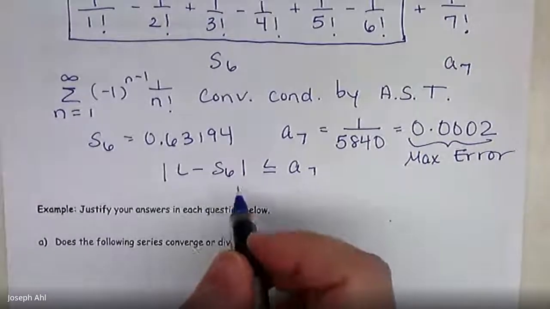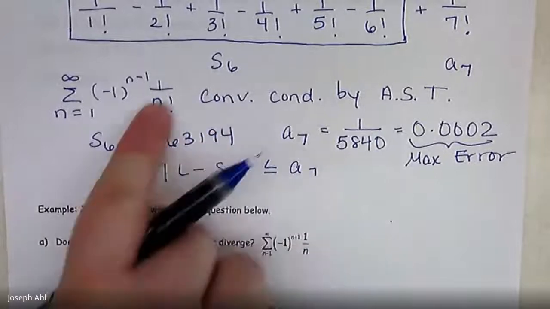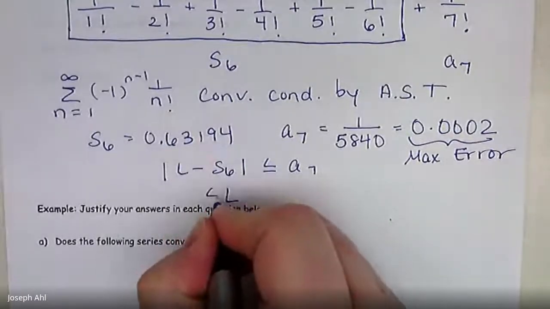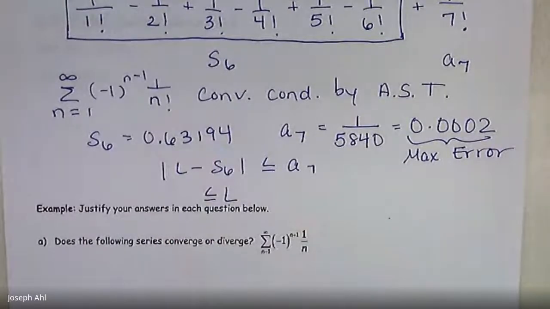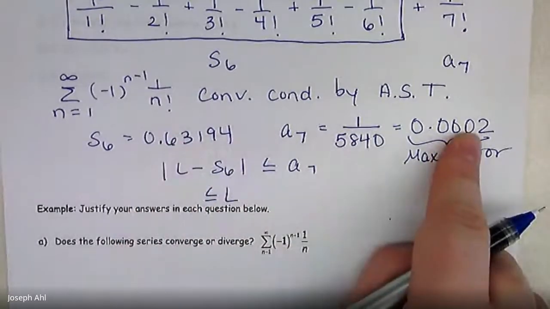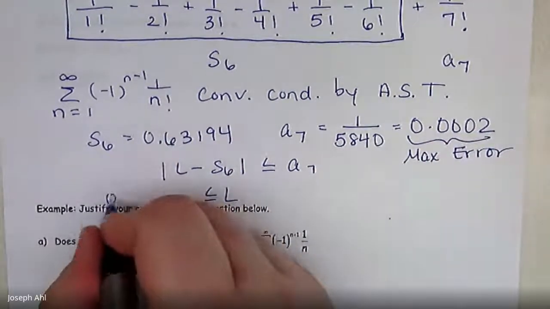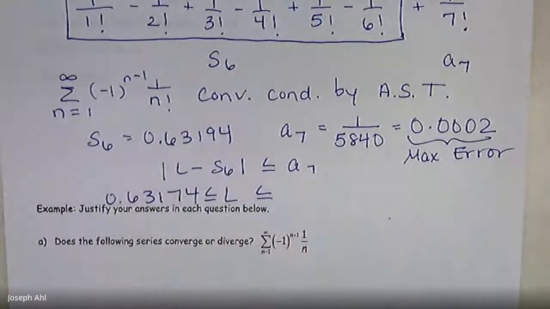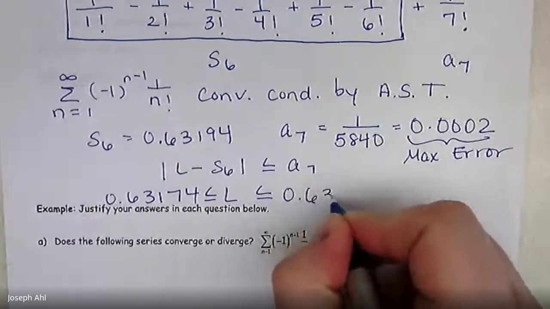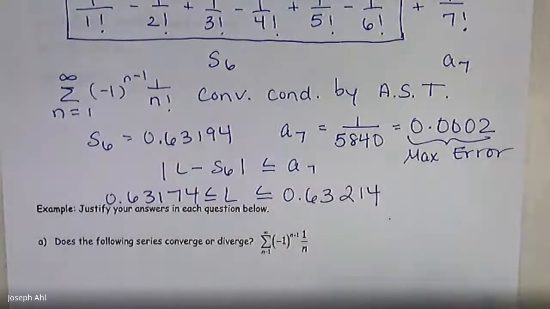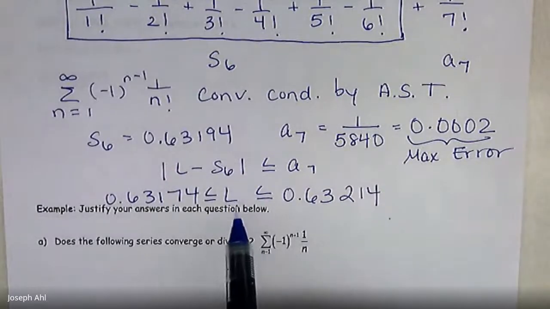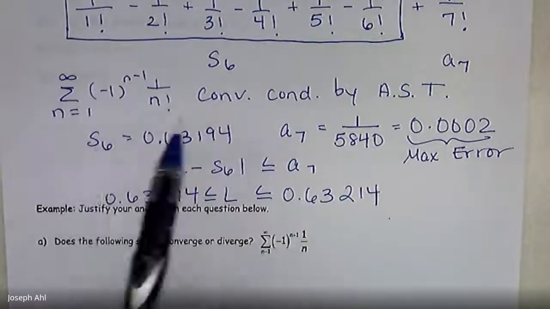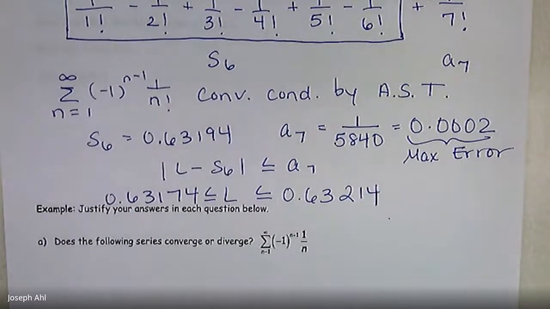Therefore, if we take this S sub 6 value we've calculated and then add or subtract the error, the actual limit that this series is converging upon has to be somewhere from this minus 0.0002, which is 0.63174, and then the upper limit, if I add on the max error, would be 0.63214. So we know the actual limit is in this really tiny window, a really tight interval surrounding S sub 6.